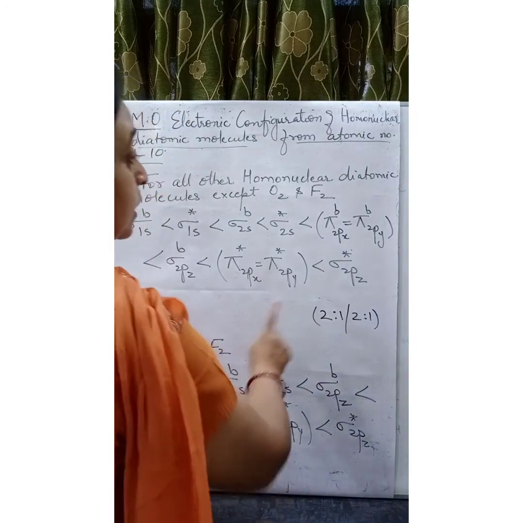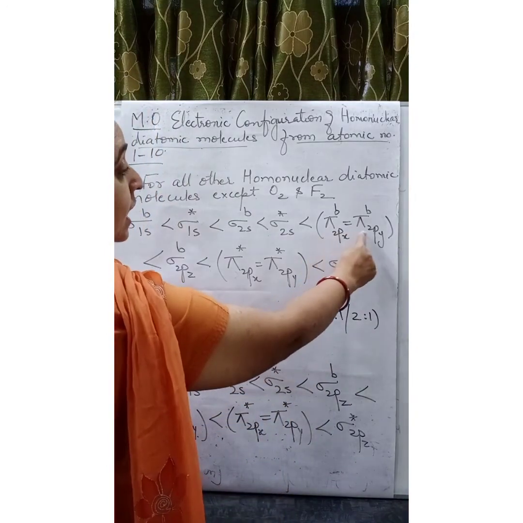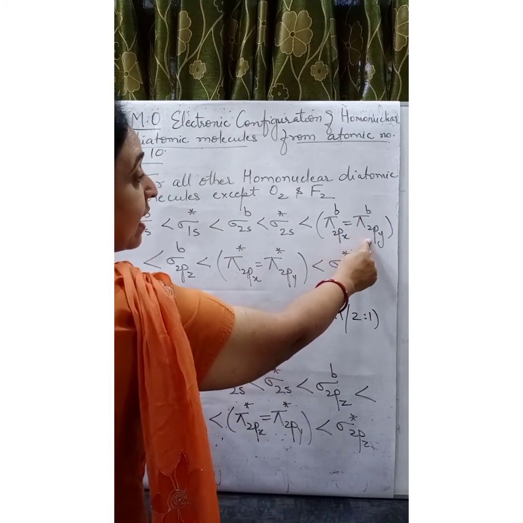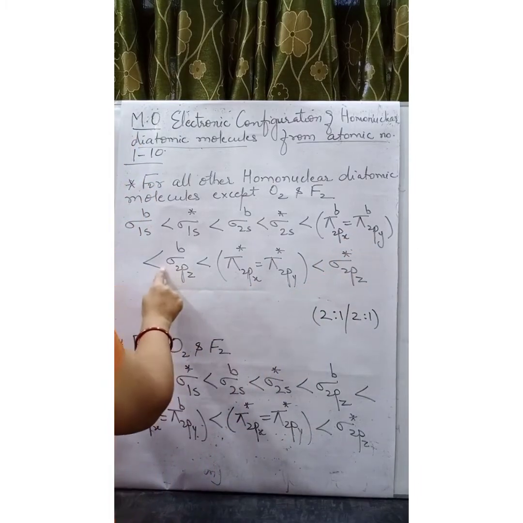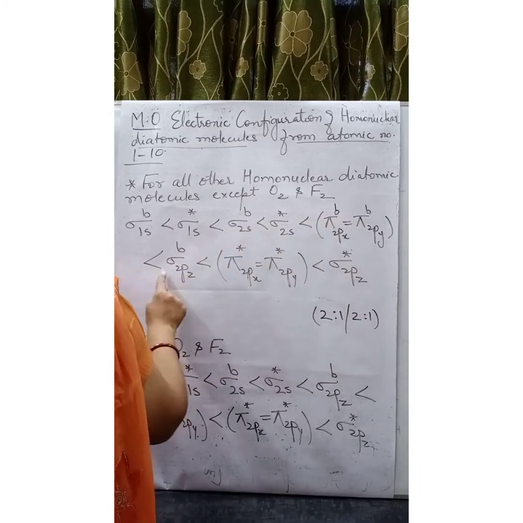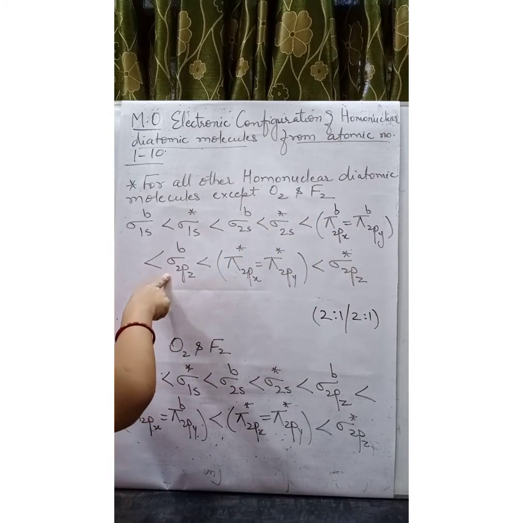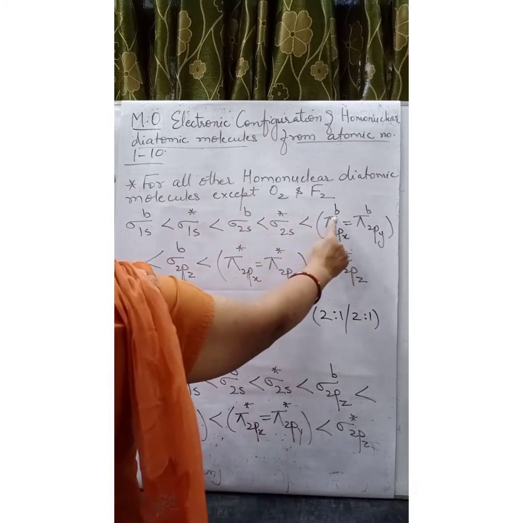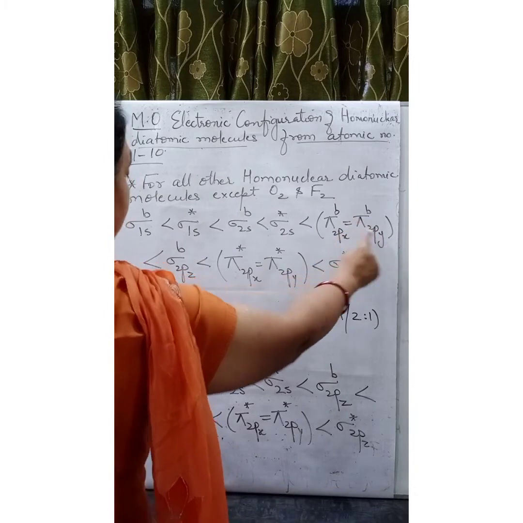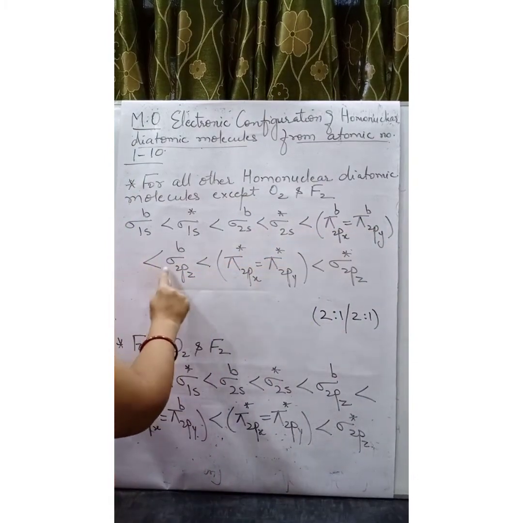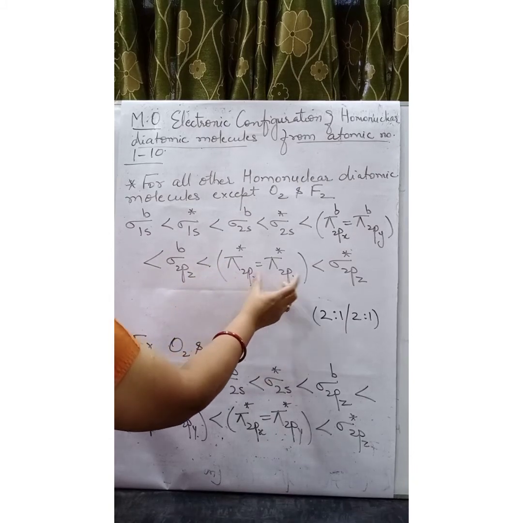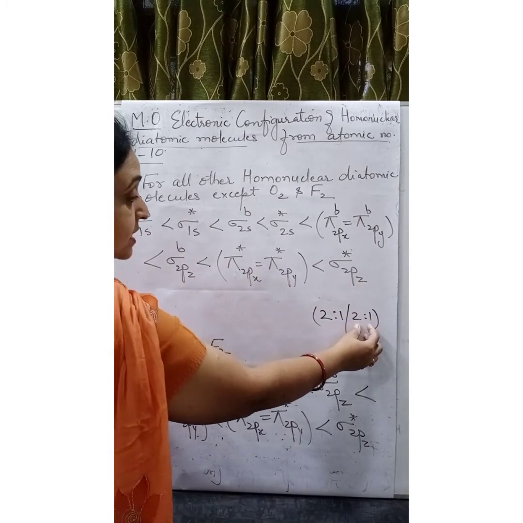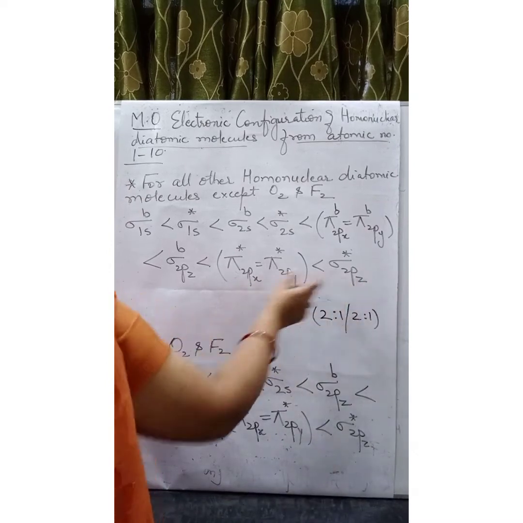That means the two orbitals are 2px and 2py, which are degenerate orbitals having the same energy and lower energy, as bonding has lower energy compared to anti-bonding. So pi 2px equal to pi 2py less than sigma 2pz. And then comes anti-bonding, these are the anti-bonding orbitals.